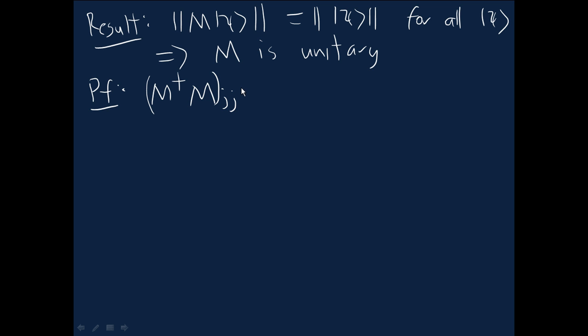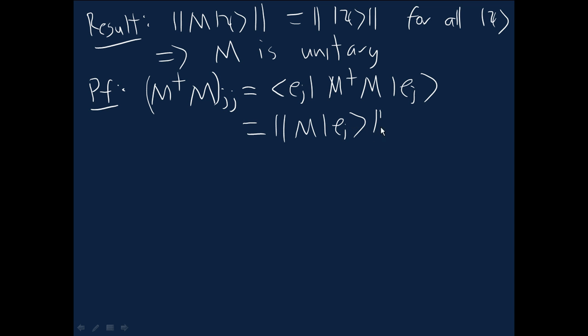All right, so let's look at the diagonal elements first. So this is equal, from the last slide, to EJ, M dagger M, EJ, which is, as we've seen, just the length of M EJ all squared, again from our earlier results.